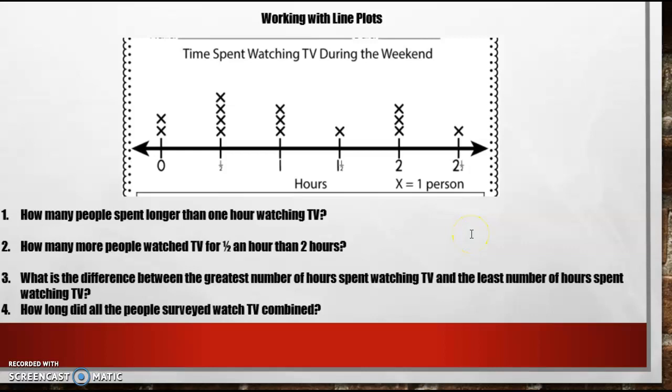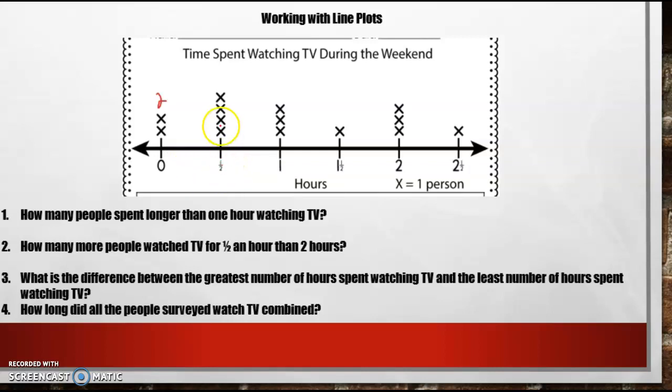So the first thing I want to do is look and see how many people spent each amount of hours. So for example, how many people spent 0 hours watching television? Well, there's 2 X's, so 2 people spent 0 hours. How many people spent a half an hour?